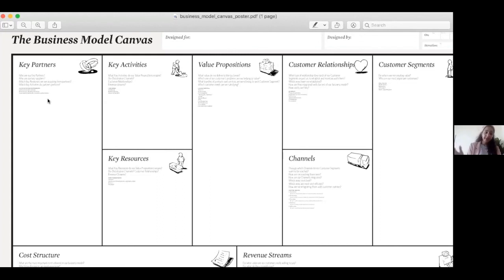For any partners where you can form a strategic alliance with, or a collaboration with, okay? That would help you deliver your value propositions. And you have to know who these partners are and what activities would you need them to perform.